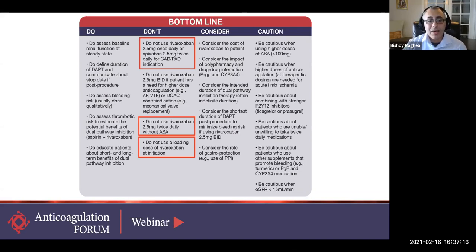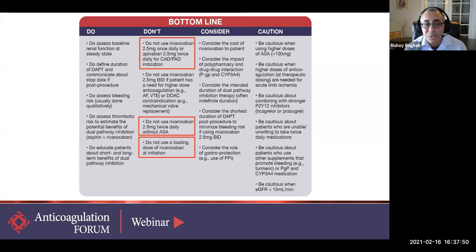With regards to other medication factors, we'll go ahead and look here at the do, don't, consider caution table. The first thing within the don't, the name of the game here would be to stick to the dosing recommendations. So we are to avoid using anything other than rivaroxaban 2.5 milligrams twice a day, or the temptation for some providers to possibly equivocate apixaban 2.5 milligrams BID with rivaroxaban 2.5 milligrams BID.